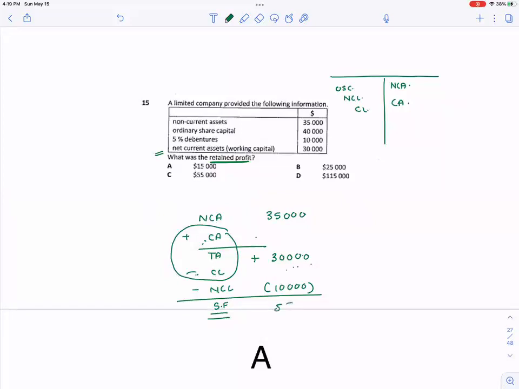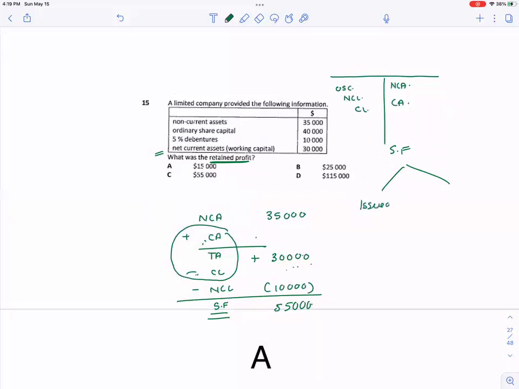Shareholders funds is 55,000. Now shareholders funds is made up of what?